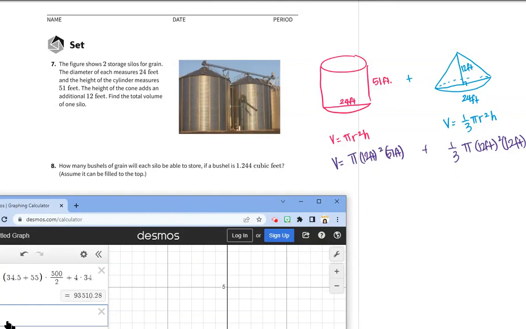So my handy dandy calculator says pi times 12, and then that's squared, times height, which is 51, plus 1/3 pi again times 12 squared times 12. So there's my answer.